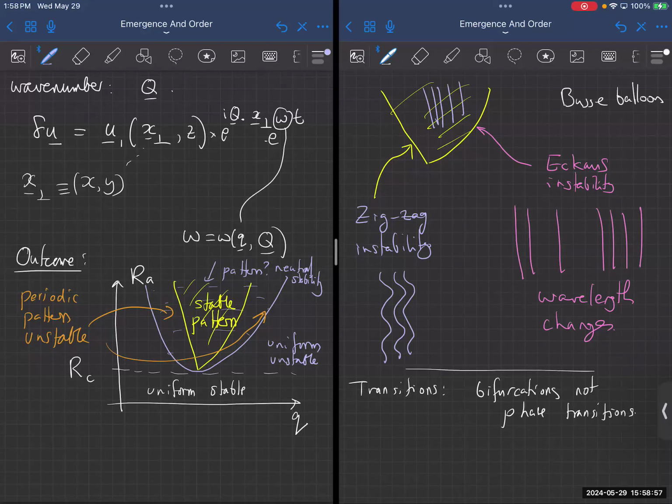The transition between laminar and turbulent is a phase transition, even though the equation is completely deterministic. There's no statistical mechanics, no thermal fluctuations that you put on at all. But what has happened is that the system has generated its own stochasticity.